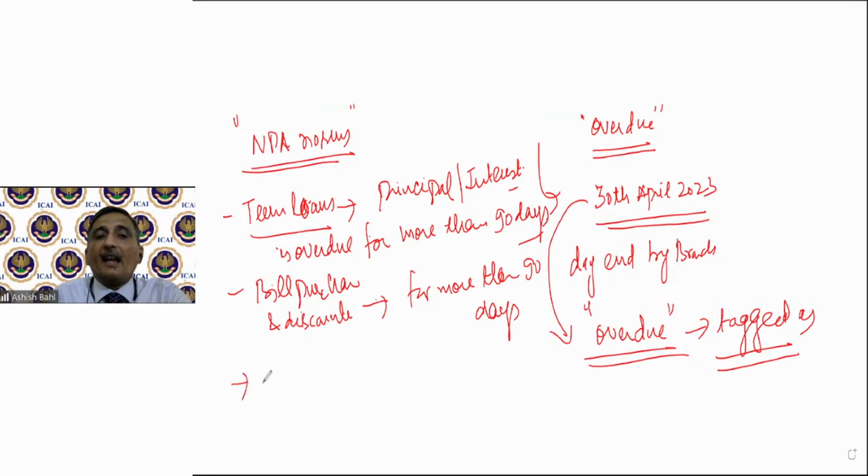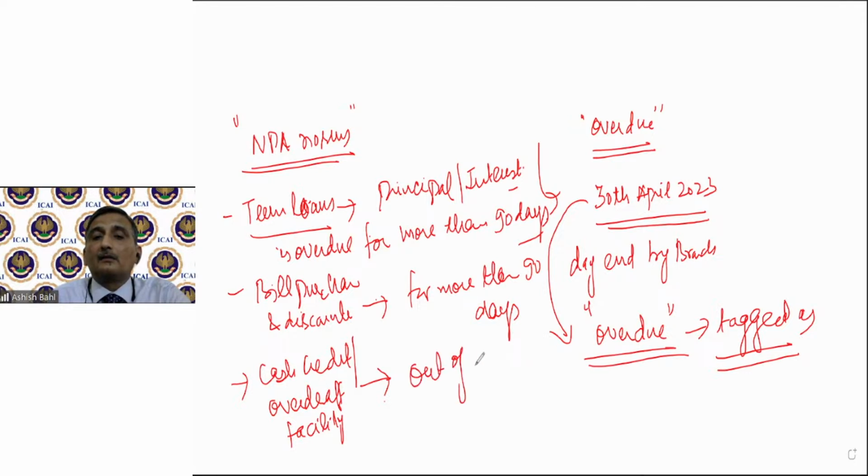Okay. And in case of cash credit facility, in case of cash credit overdraft facility, it becomes NPA if it remains out of order. If it remains out of order. Now, what is this out of order? I shall quickly explain to you.